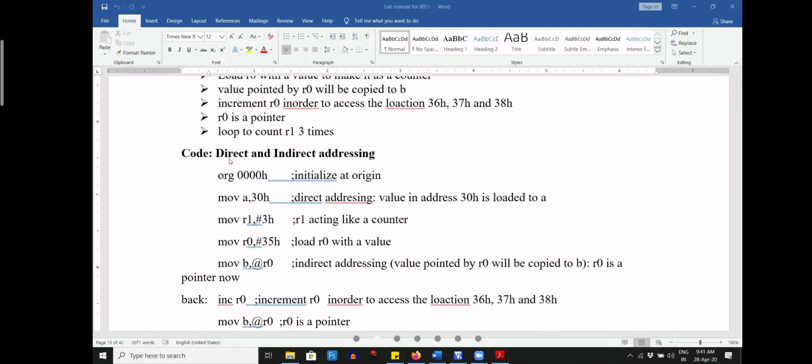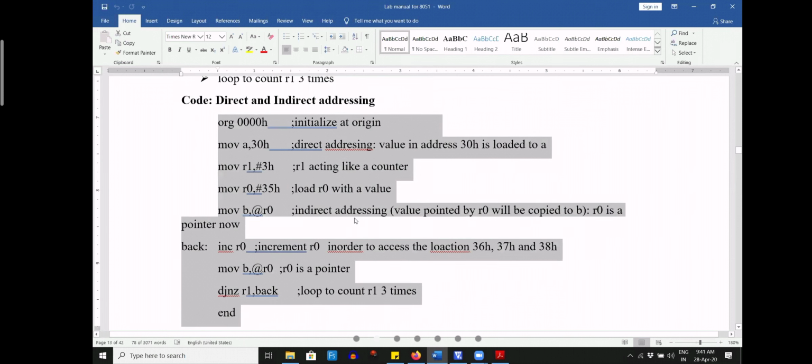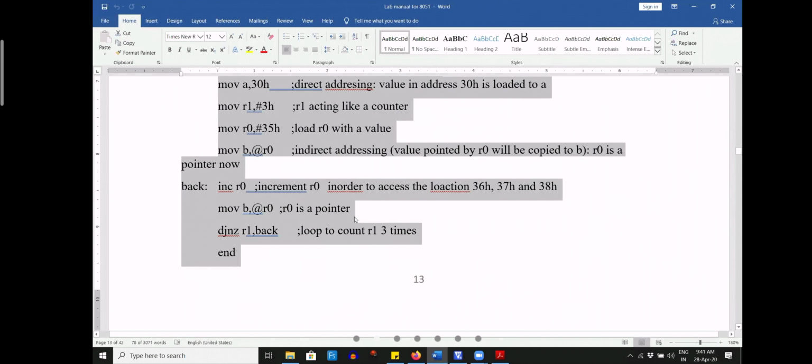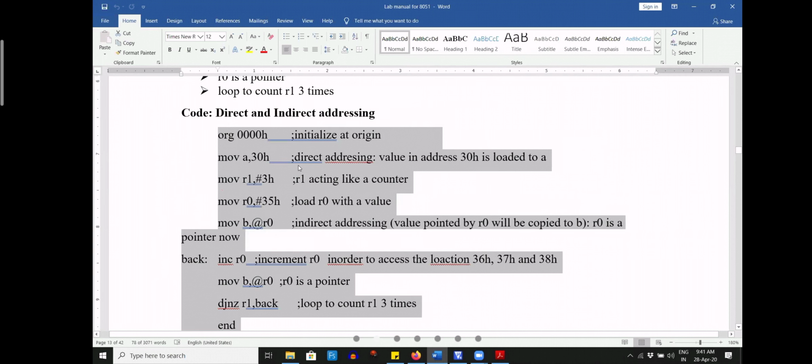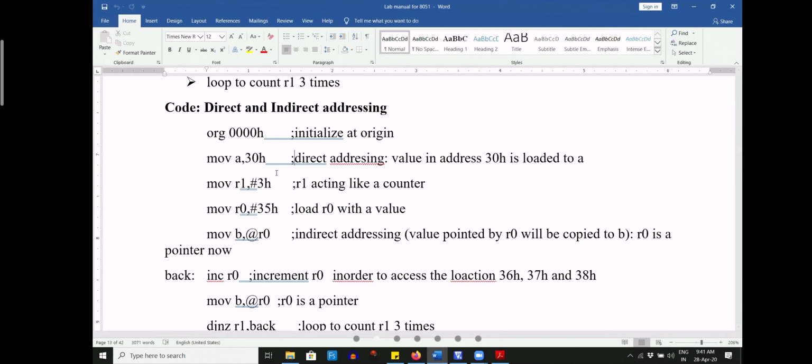See, first this one, direct and indirect addressing. I've directly taken one example from your main textbook. So what does it do? Start from the origin. So 30H, I'm moving to A, right?